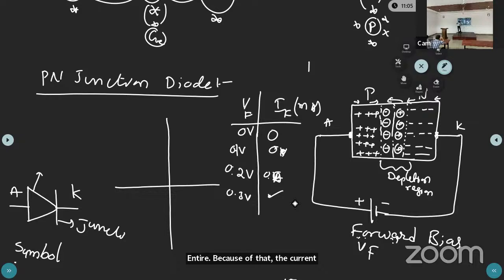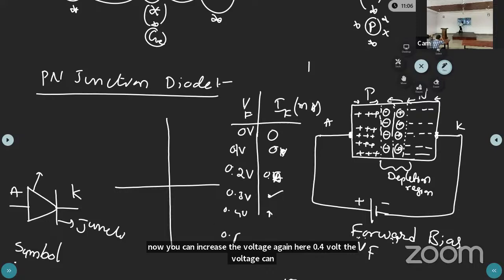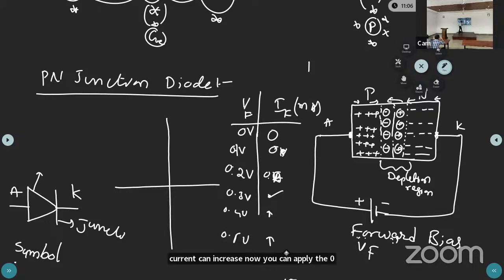Because of that, some current is flowing. Okay, now you can increase the voltage again, 0.4 volt. The current increases. Now you can apply 0.5 volt, then the current increases. You can apply 1 volt, the current will increase.